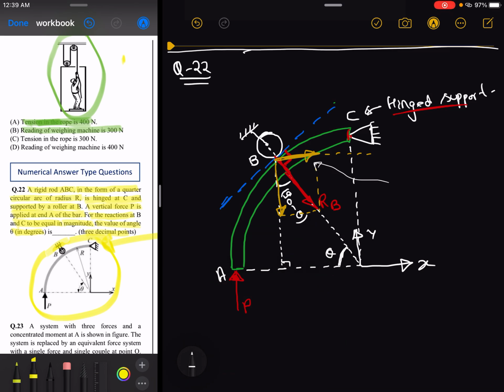You should make a bigger figure so that you can mention all the forces clearly. So this is RB, this is 90 minus theta, and this is theta. So the component of RB along the x-axis will become RB cos theta, and the component of RB along the y-axis will be RB sin theta. Clear?